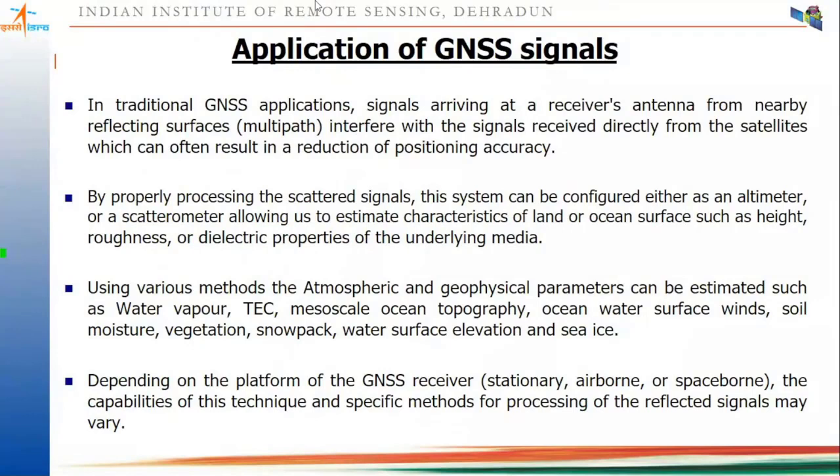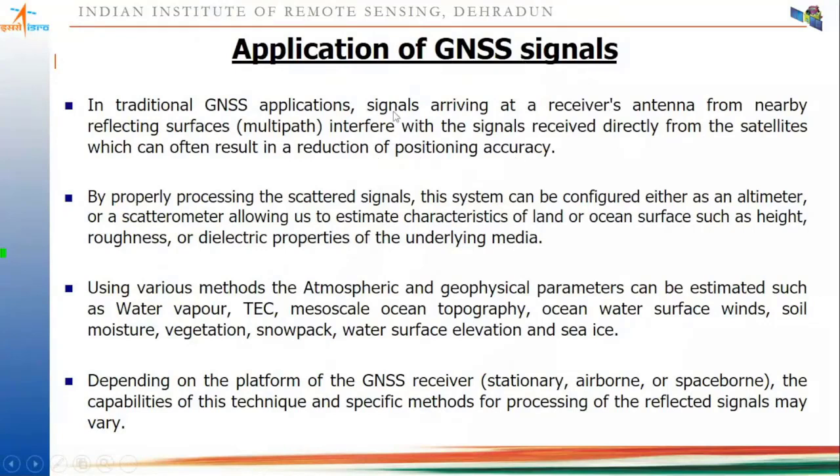On the other side, these signals are also used for determining different parameters. In traditional GNSS applications, signals arriving at a receiver antenna from nearby reflecting surfaces interfere with the signals received directly from the satellite, which can often result in a reduction of the position accuracy.